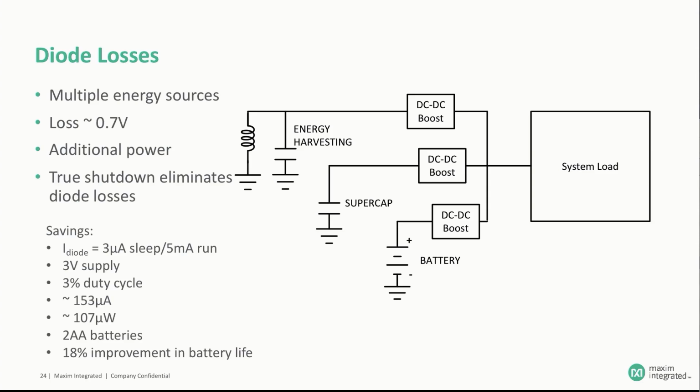A shutdown feature in our nanoPower converter allows the voltage drop across the diode to be eliminated while still performing the diode function of preventing current from flowing upstream. In an example calculation, we estimate an improvement of 18% in battery life for two AA batteries running in a 3 microamp quiescent state for a 3% duty cycle system. Of course, benefits will vary depending on how much current is required to drive the enable pins and how the micro is used to drive them.